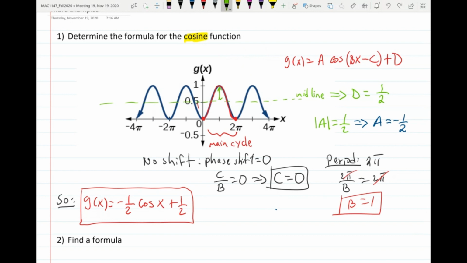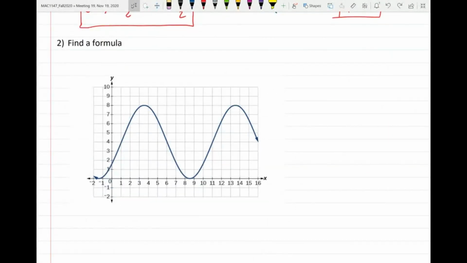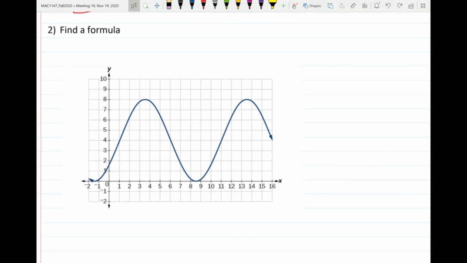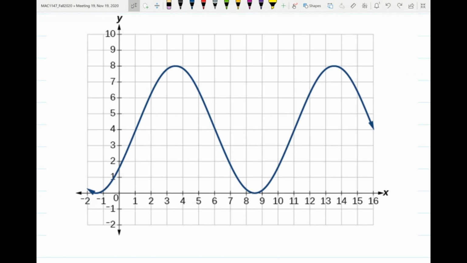Okay, so let's go ahead and try to do this problem. Find a formula for this function. Our first job is to decide whether we're going to use a sine or a cosine. I'm going to give you a minute to look at this and decide whether you want to use a sine or a cosine formula. And of course, then tell me why you're making such a decision. Remember, you need to identify the main cycle, and this means that you need to know where it begins and where it finishes.